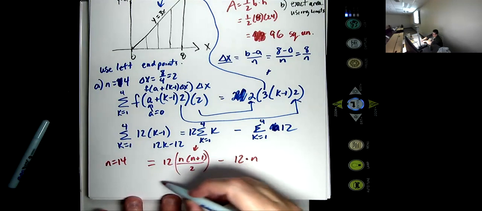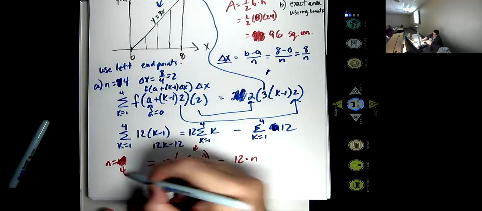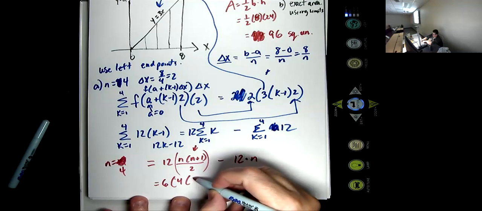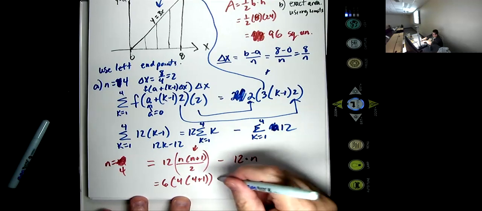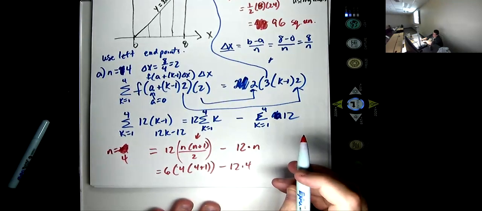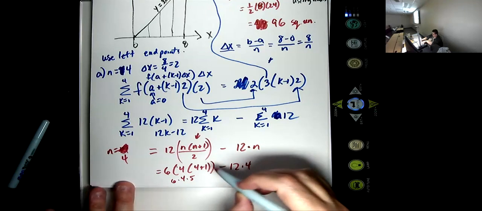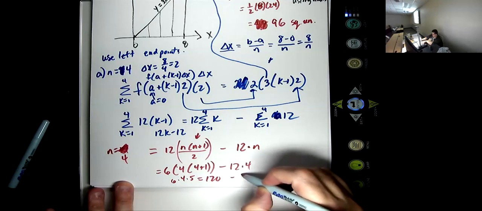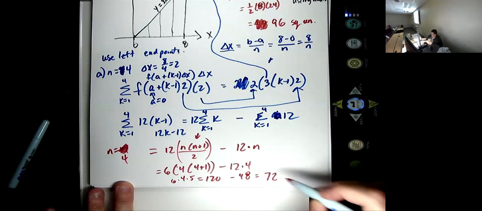So 12 divided by 2 is 6. n is 4. And then I got 4 times 4 plus 1, minus 12 times 4. This is 6 times 4 times 5. That's 120. And then minus 12 times 4 is 48. That's 72 square units.